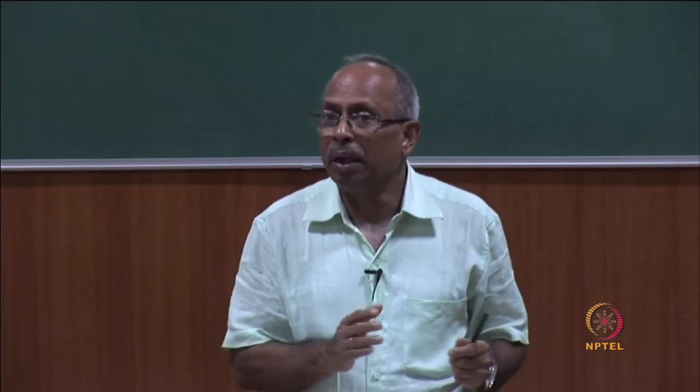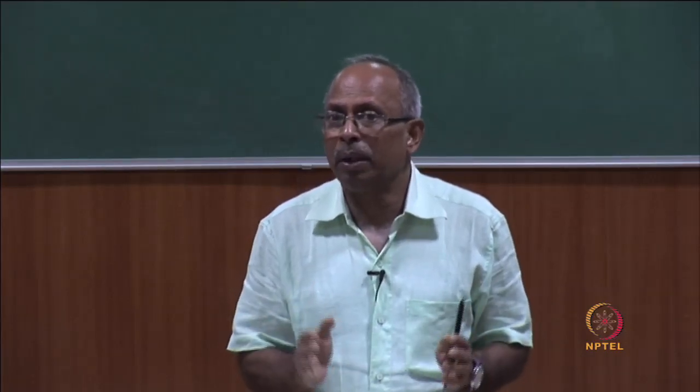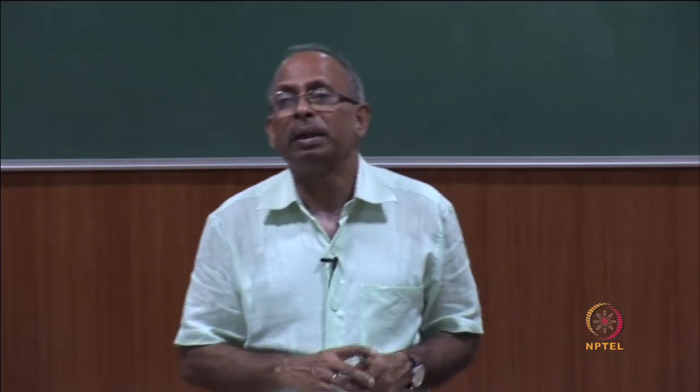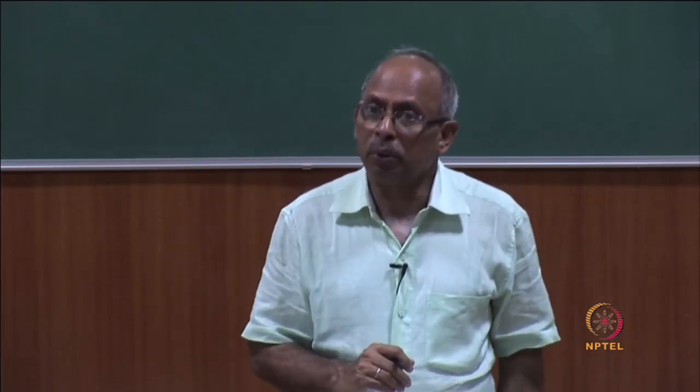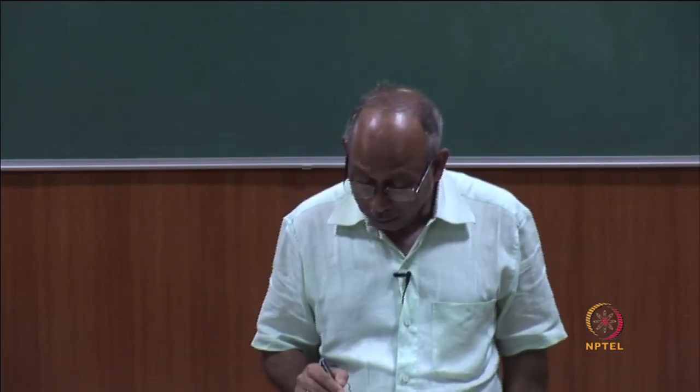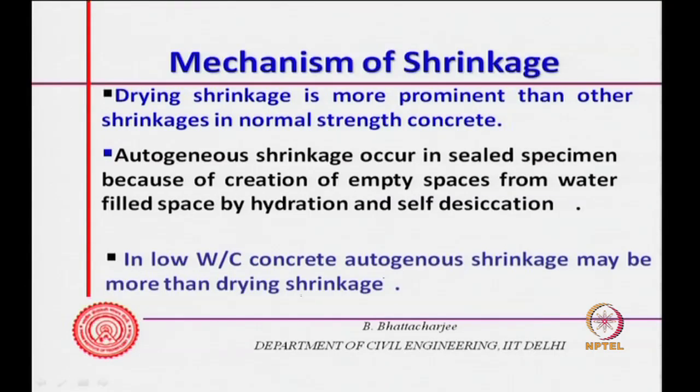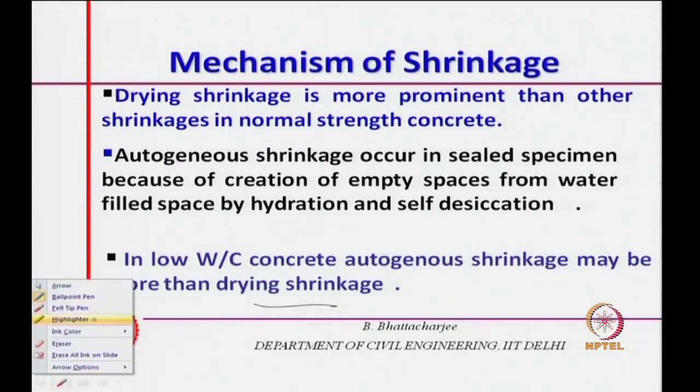As I have defined earlier, there is a macro level dimensional change occurring in sealed specimens, and that is what we call autogenous shrinkage. So, they can be more in high strength concrete or low water cement ratio concrete compared to drying shrinkage. So, they are very important currently for high strength.